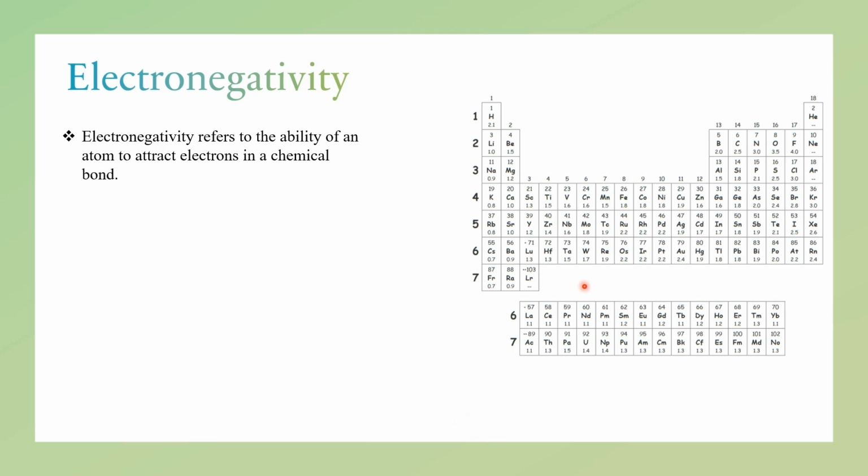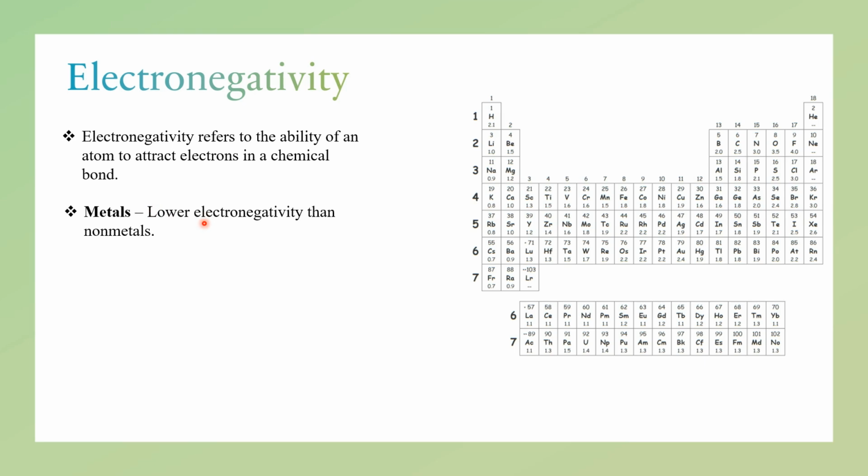This is an electronegativity table. You can see for each element there's a specific value assigned. For fluorine 4.0, oxygen 3.5, nitrogen 3.0, and metals located on the left-hand side have lower values compared to the non-metals.